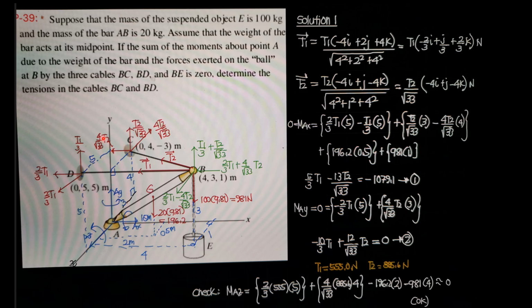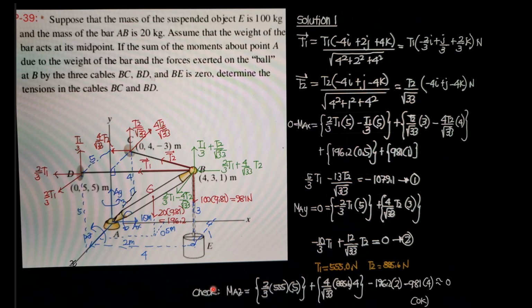So positive 4 over square root of 33 T2, the moment arm is this length, and that length is 3 meters. 4 over square root of 33 T2 times 3. Then all the rest 0, parallel, so that's why equals 0. Combining negative 10/3 T1, 12 T2 over square root of 33 equals 0. Solving equations 1 and 2 simultaneously, we get T1 equals 555.0 newtons and T2 equals 885.6 newtons.